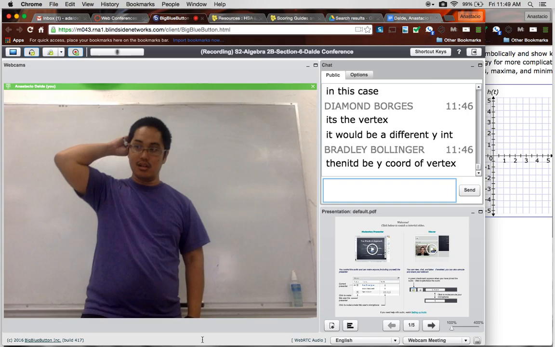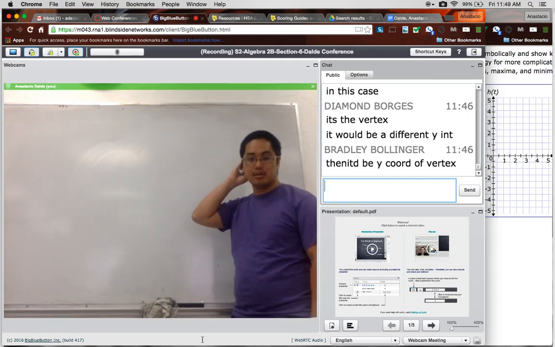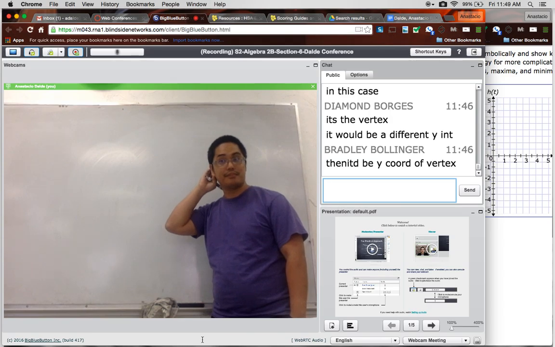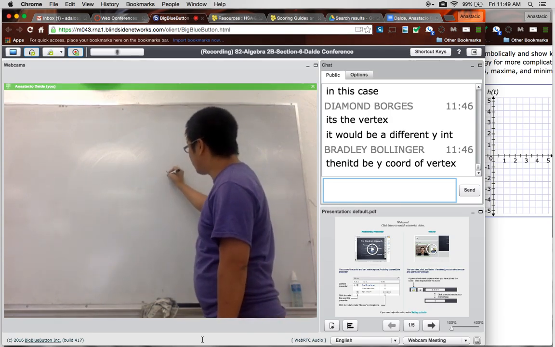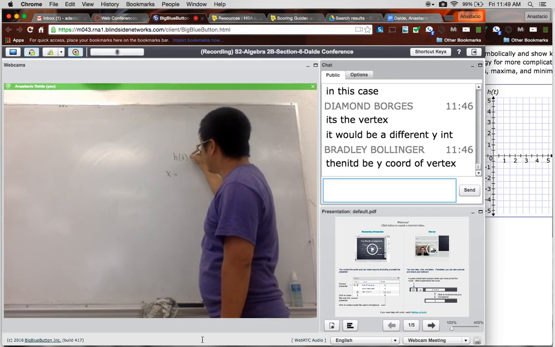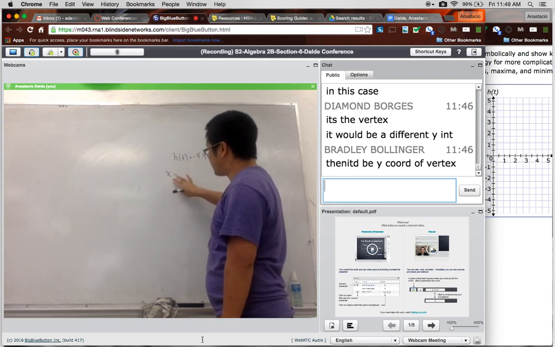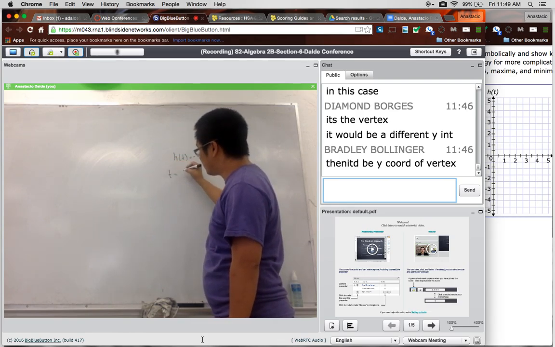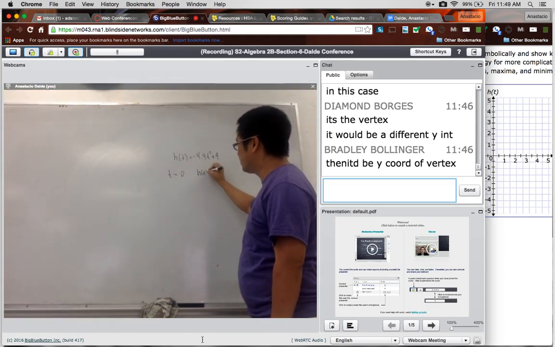What I would do is plug in points. I would say, well, if t is equal to 0 in my h of t equals negative 4.9 t squared plus 4, then h of t is equal to 4.